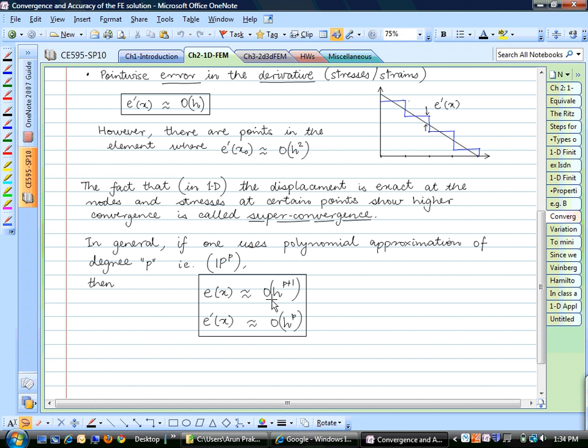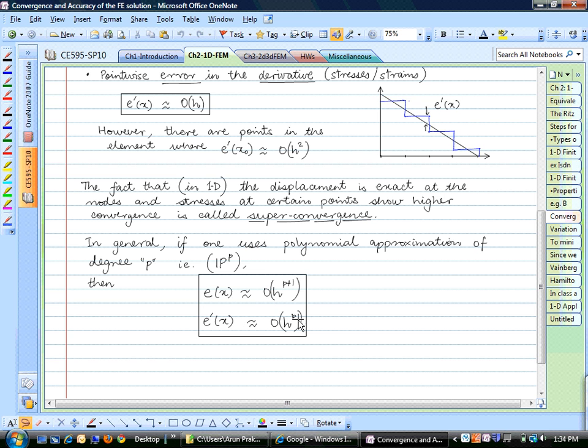And similarly, we said that the error in the derivative, which is the error in the strains and the stresses, is going to be of order p. So if we are using linear polynomials, this error will be the same order as the polynomials that we are using. For quadratic polynomials, when p is equal to 2, the displacement error will be of order 3, which means that if I double the number of nodes, then my error in the displacement is going to go down by 8 times.